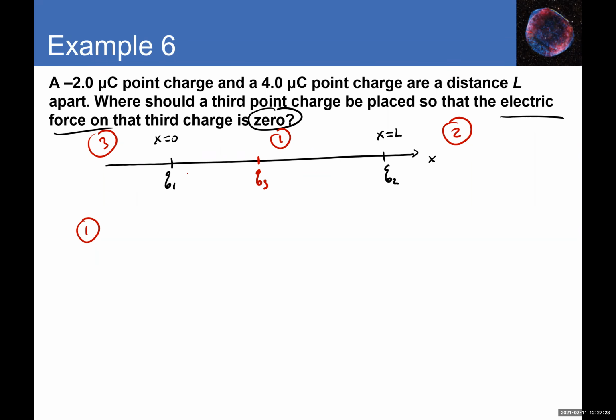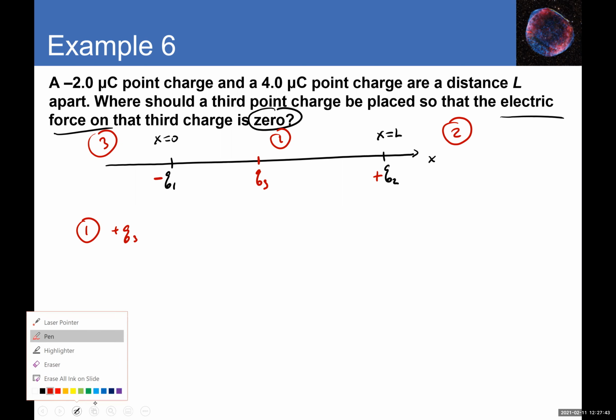Because remember, Q1 is negative, so it's a negative charge. Q2 is positive. Let's assume for simplicity that Q3 is positive. If Q3 is positive, there's going to be a force acting on it from Q1.